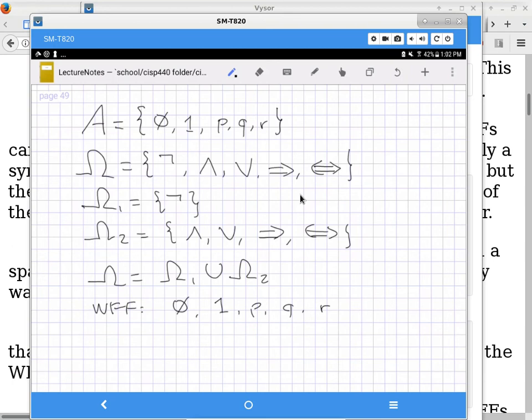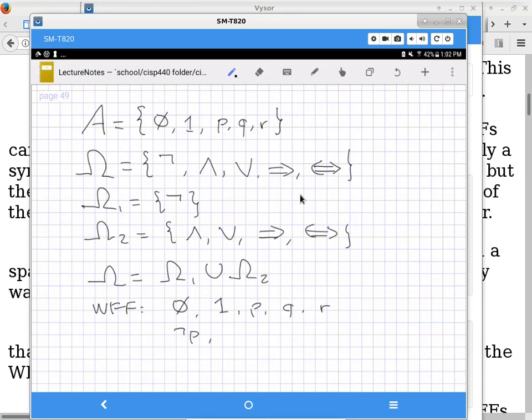Okay. So now we can ask, what about this one? Is it well-formed? Yes, because negation is from omega 1, and you just give it something that is already well-formed. P by itself is well-formed. So when you take the negation of that well-formed thing, that is also well-formed. But I only need this much to show you how we can generate infinitely long well-formed formulae.